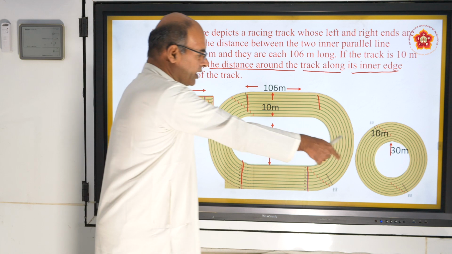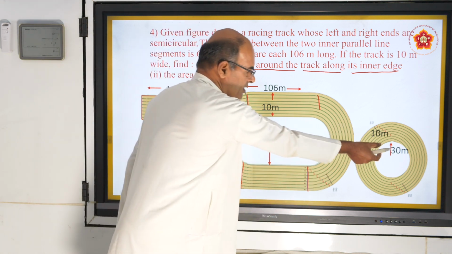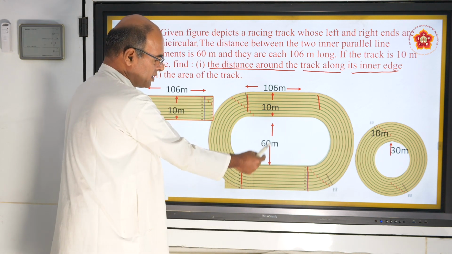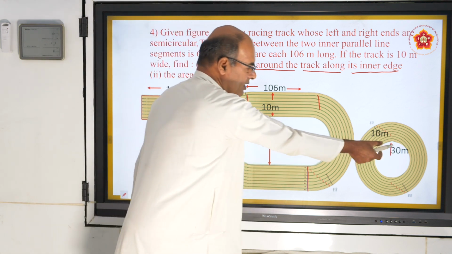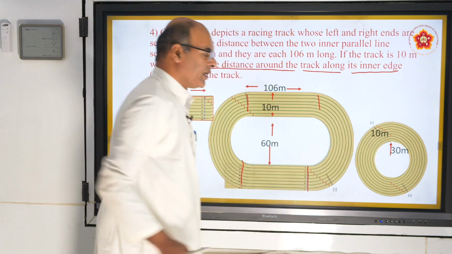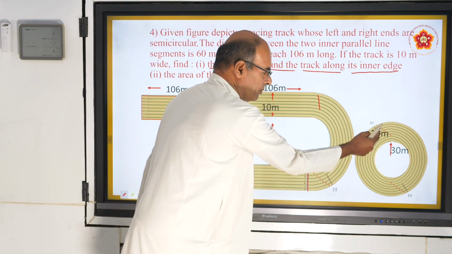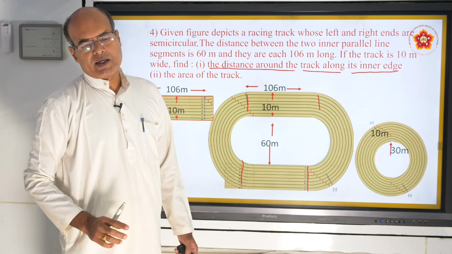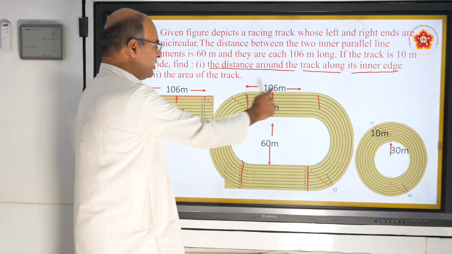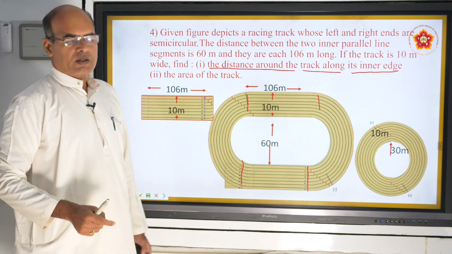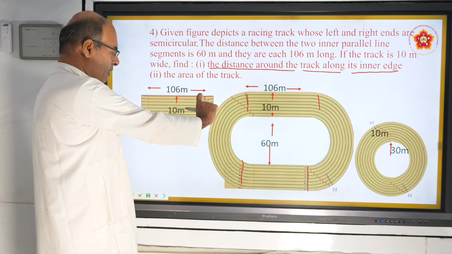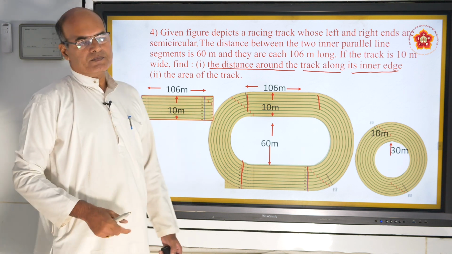We get a circular region with its radius 30 meter, since the total distance here is 60 meter. Therefore, the radius of the inner circle is 30 meter, and the radius of the outer circle is 30 plus 10, totally 40 meter. The length of the rectangle is 106 meter, and the breadth of the rectangle is 10 meter.